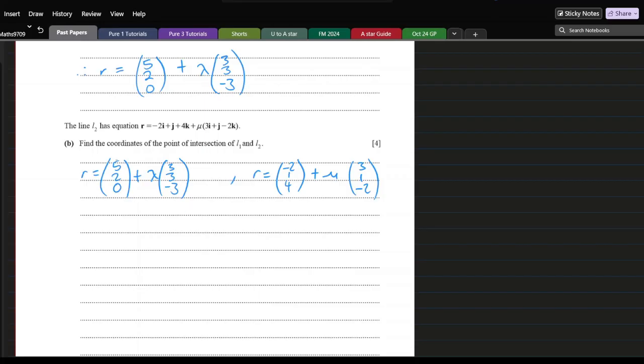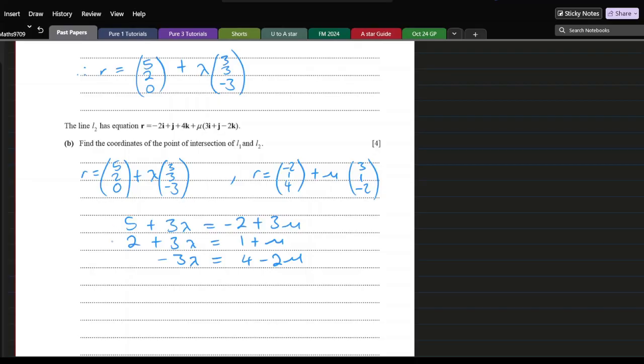From the equation of line L1, we can get 5 plus 3 lambda equal to negative 2 plus 3 mu, and we could also get 2 plus 3 lambda equal to 1 plus mu, and a third equation, which is 0 minus 3 lambda equal to 4 minus 2 mu.